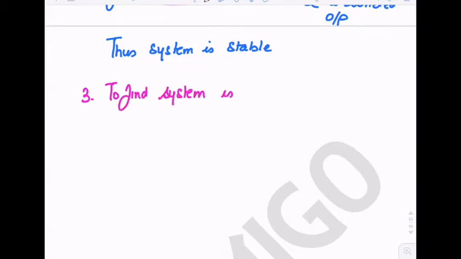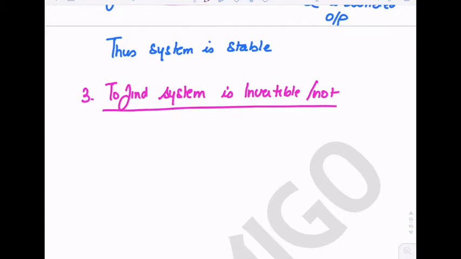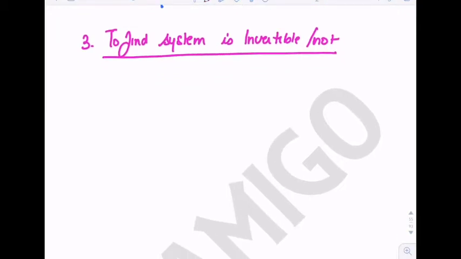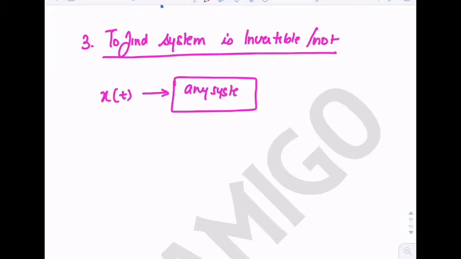Okay, now let me tell you the method to find whether the system is invertible or not. First of all, let me see what is the meaning of invertibility. Suppose I have x(t) or x[n] as an input to an LTI system or any system, not LTI only. So this is any system, and we have the output which is y(t) or y[n].